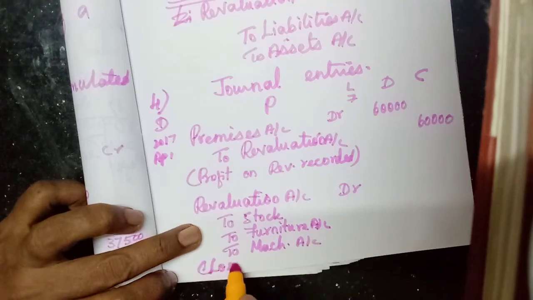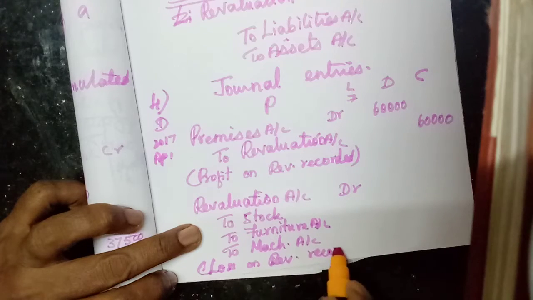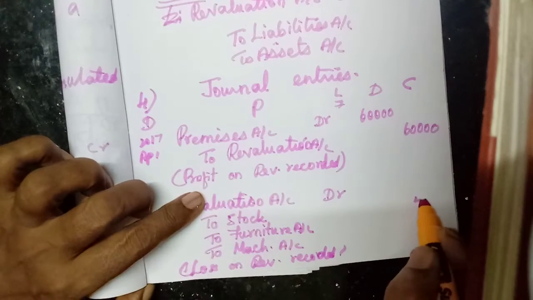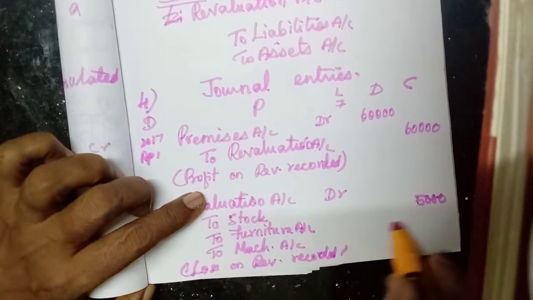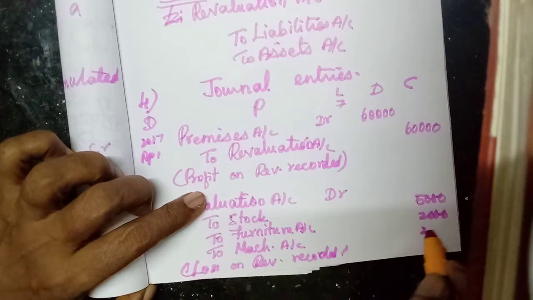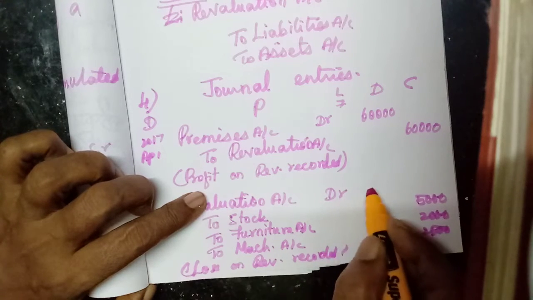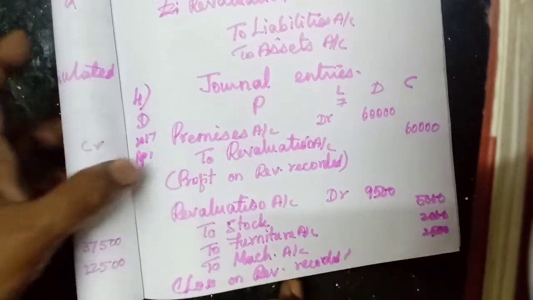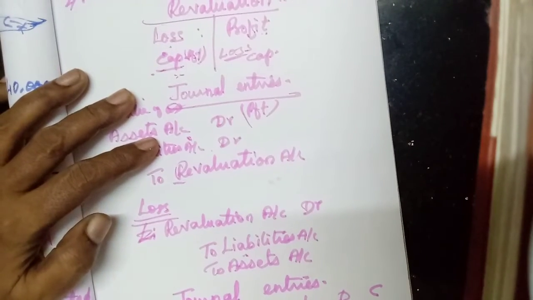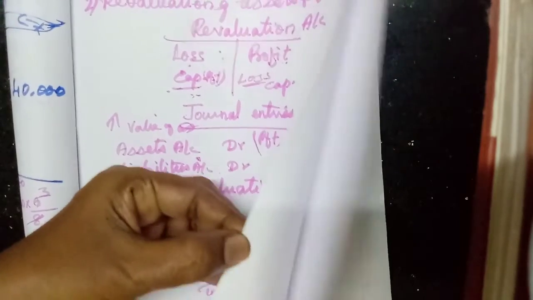Loss on revaluation recorded. Amount given, isn't it? 5,000 stock credit. Furniture 2,000. Machinery 2,500. So 9,500. Now we have to leave some space for the third entry. One more item, isn't it? We will write another entry for C.